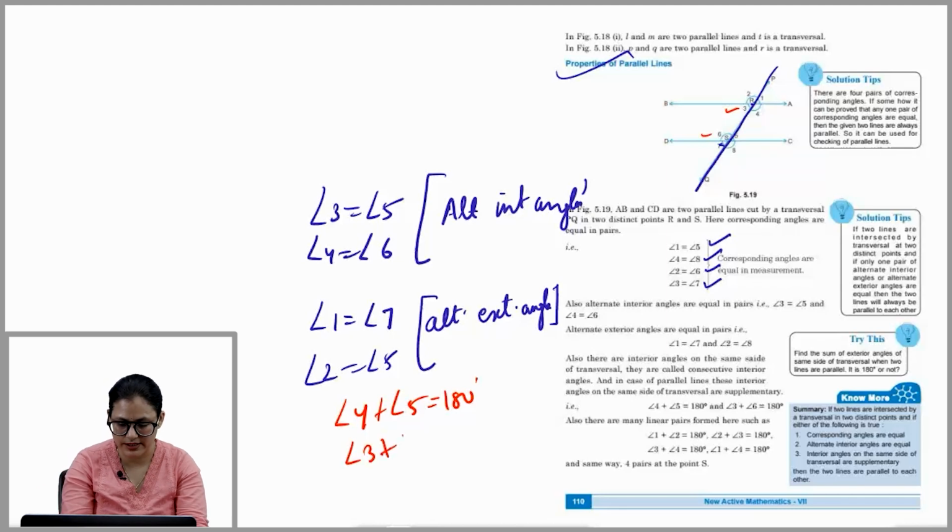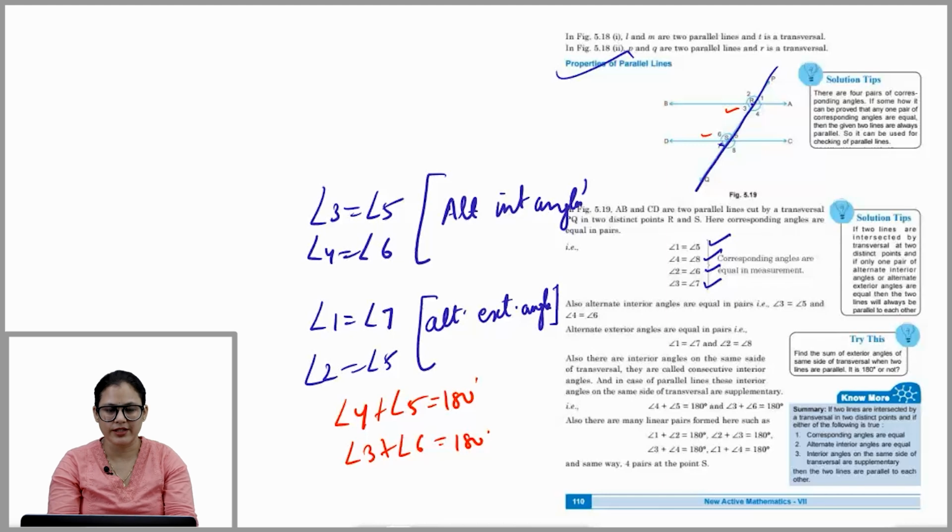Angle 3 plus angle 6 is equal to 180 degrees. Also, there are many linear pairs formed here like angle 1 plus 2, angle 2 plus 3, angle 3 plus 4, or angle 1 plus 4 is equal to 180, because these are linear pairs. In the same way, we have 4 linear pairs here at point S, right?